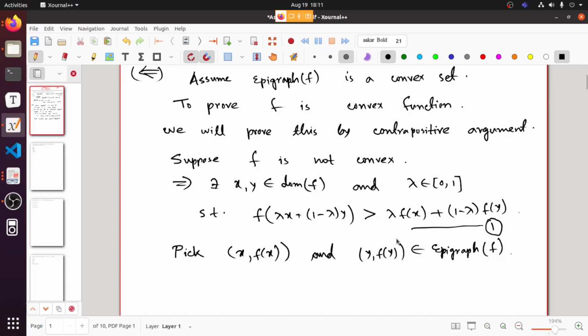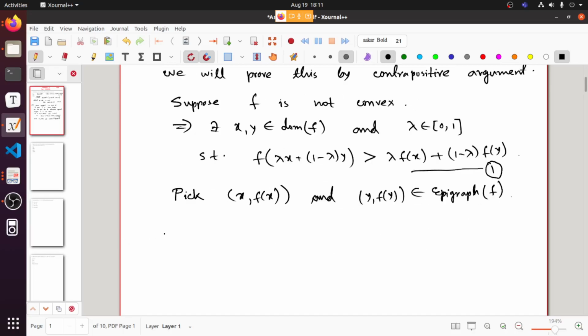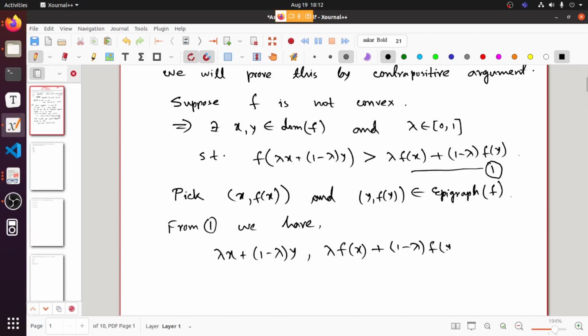So from 1, what is it saying? If you write the linear combination, the tuple (lambda x plus 1 minus lambda y, lambda f(x) plus 1 minus lambda f(y)) does not belong to the epigraph of f.